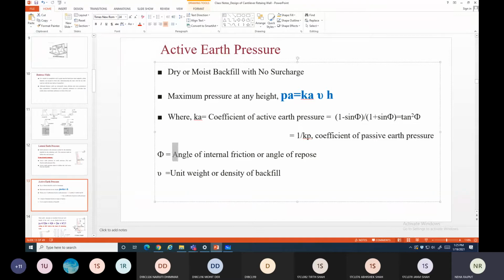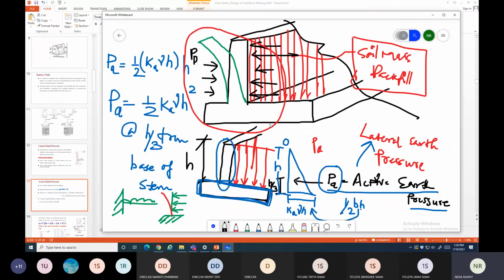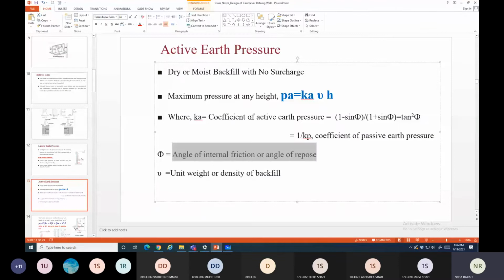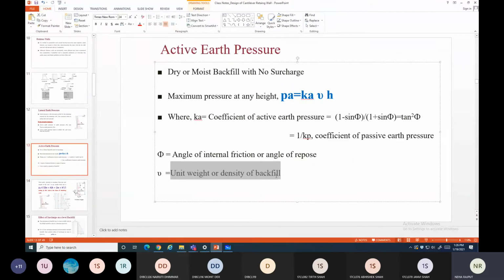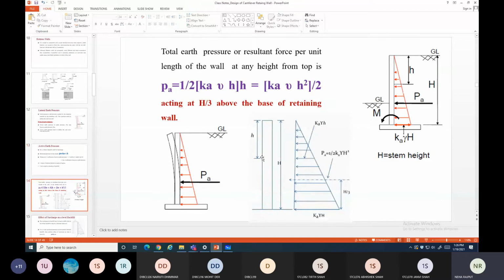This phi is the angle of internal friction or angle of repose. From this you can find the active pressure Pa value, and gamma is the unit weight or density of the backfill.